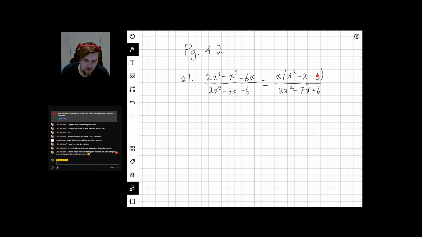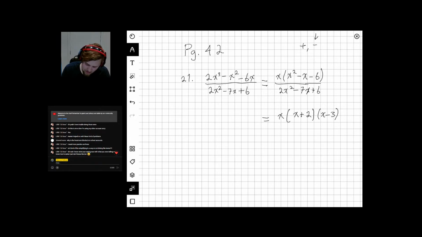So I need a positive and a negative factor, and their absolute values need to be a distance of 1 away from each other, with the negative one being bigger. So what are two factors that are 1 away from each other that multiply to 6? That'd be 2 and 3. So let 3 be negative, and I get x times x plus 2, x minus 3.